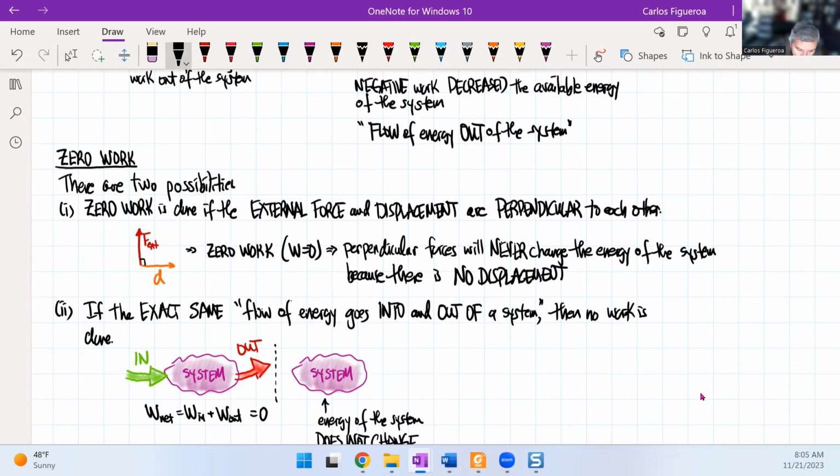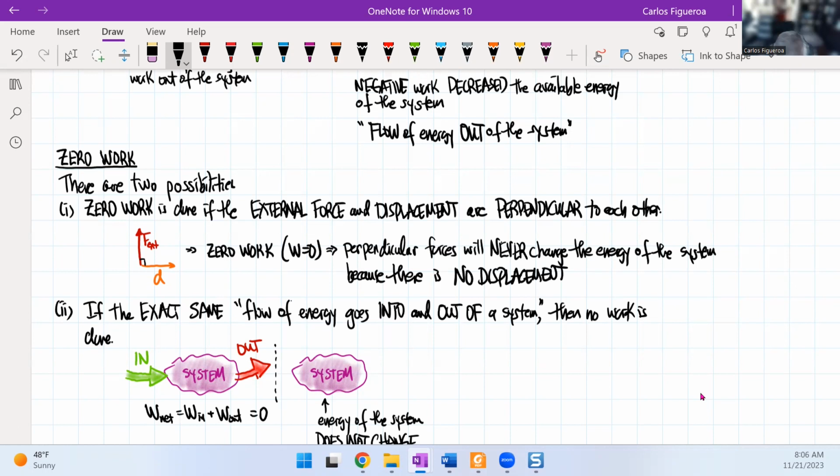Because in order to do work, there has to be a displacement. This force does not cause a displacement in the vertical direction. Therefore, it can't be work. So perpendicular forces never change the energy of the system because there's no displacement. And in this case, there's no displacement in the vertical direction.